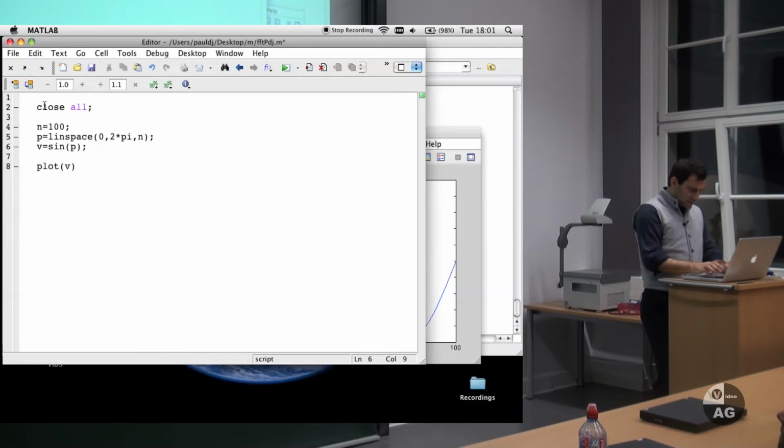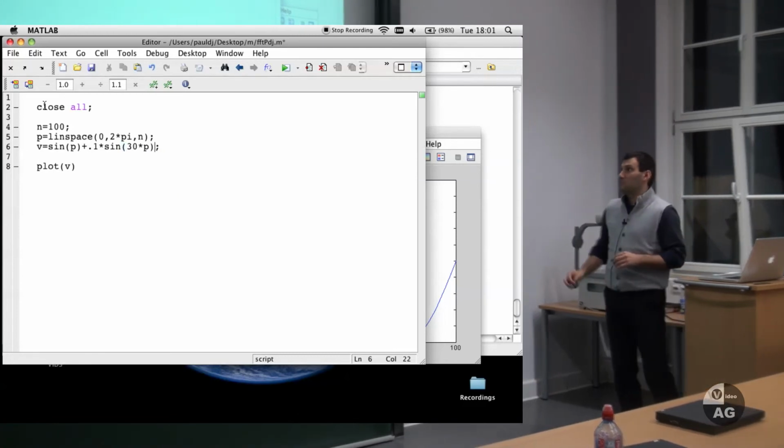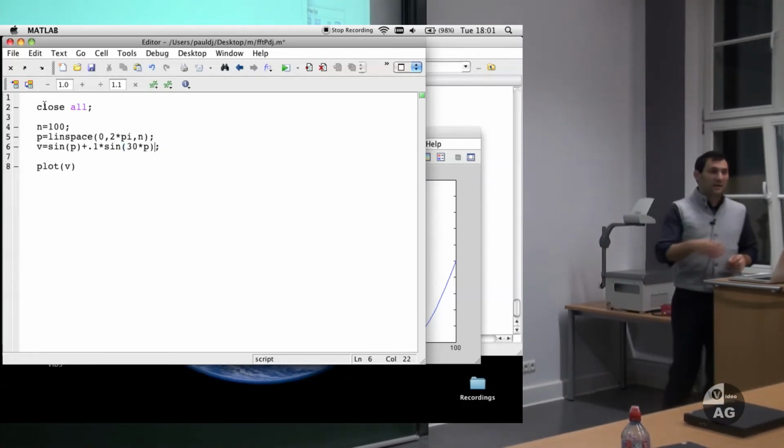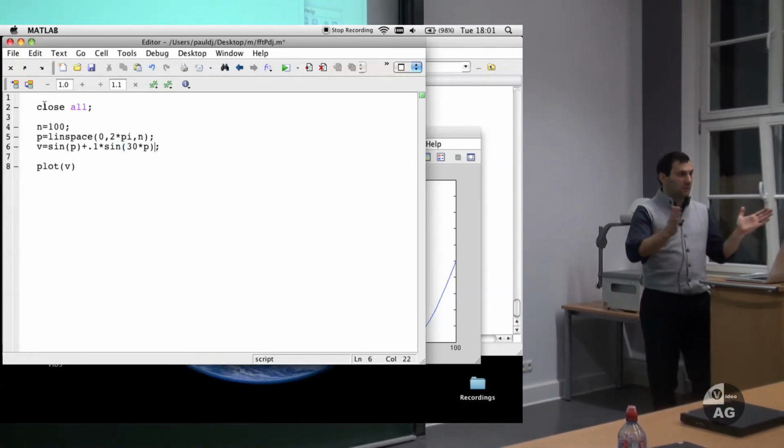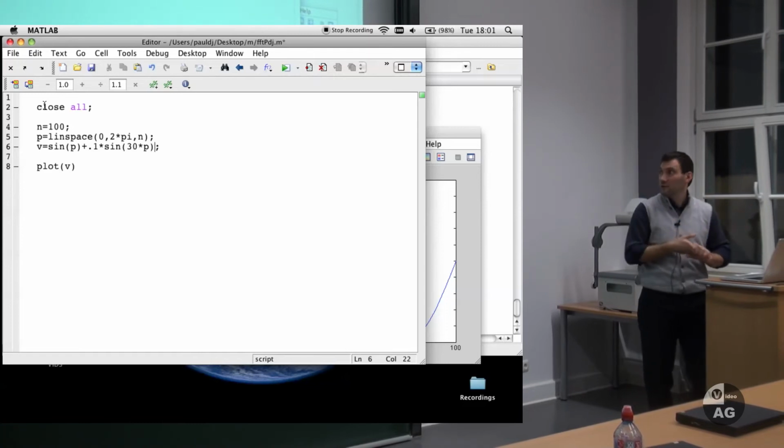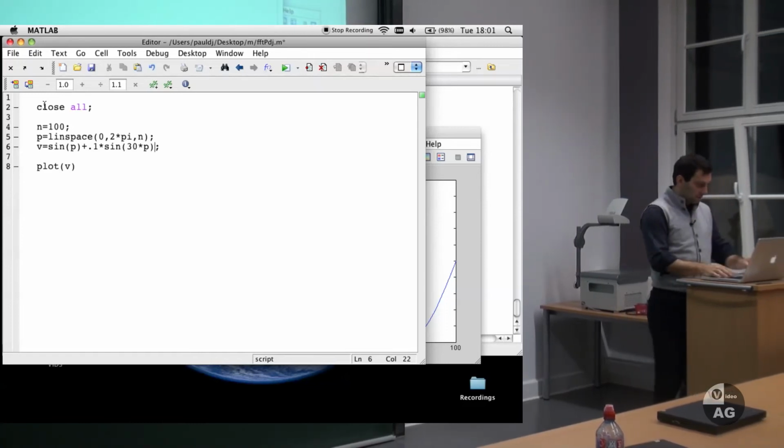Now I want to build something more interesting. Let's add some higher frequencies. What I'm doing here, I'm mimicking sine of 30p. 30p means something really, really with high oscillations.